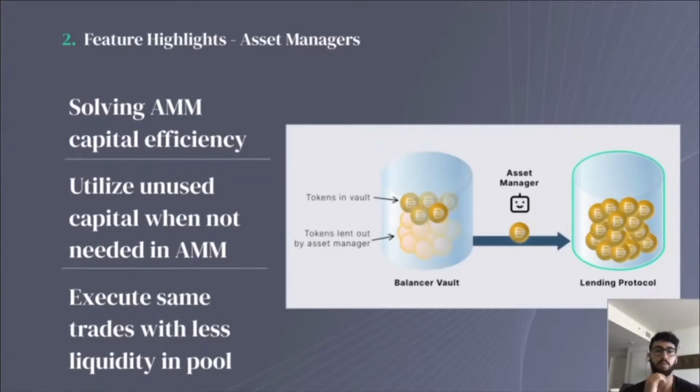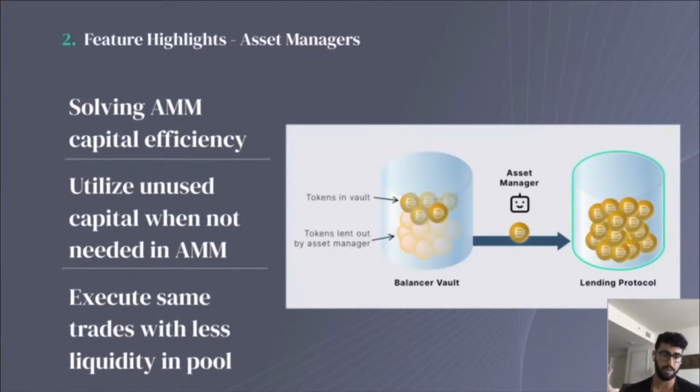Some of the reasons why this feature would be used and why people have been pretty excited about it are two examples. One is the asset manager can temporarily withdraw tokens from the pool, use them for a governance vote, and then deposit them back into the pool.